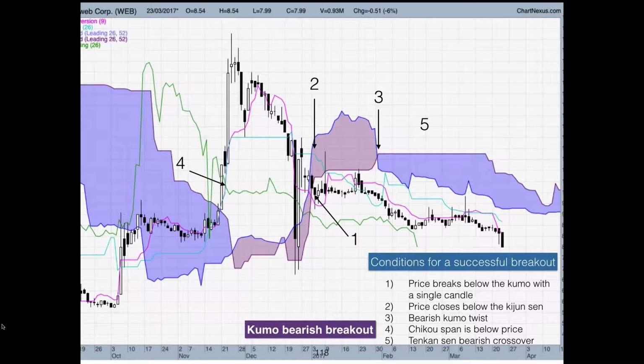There's also a Tenkan-sen bearish crossover. This is where the Tenkan-sen breaks below the Kijun-sen. And this is a bearish Kumo breakout because prices fell below the Kumo.